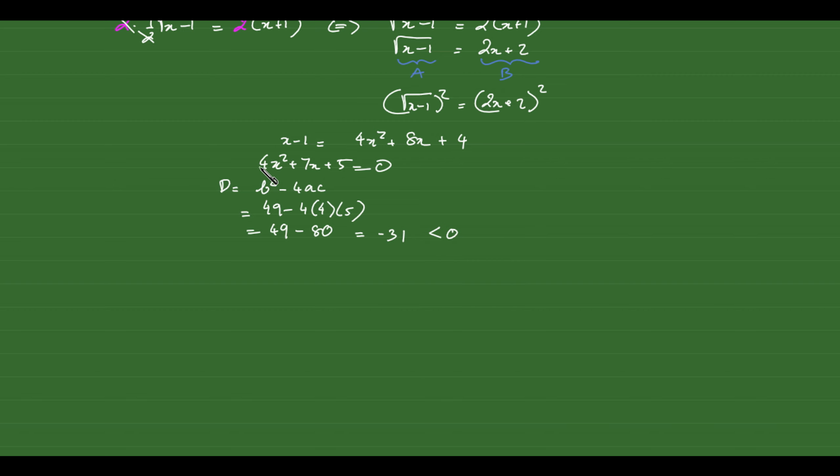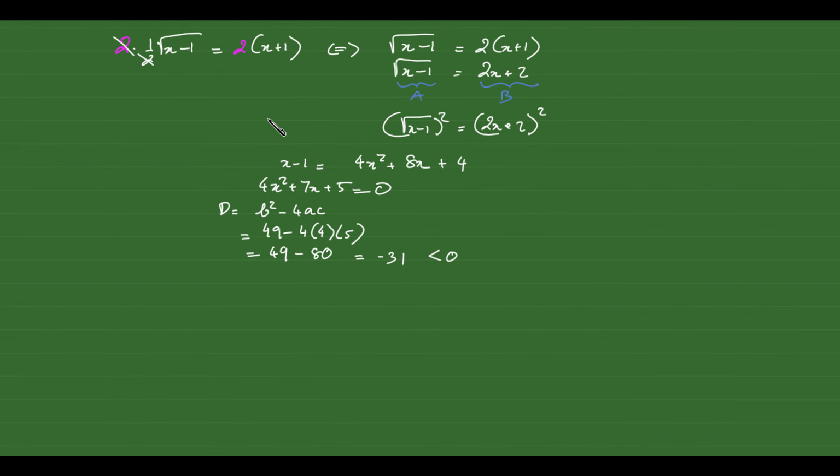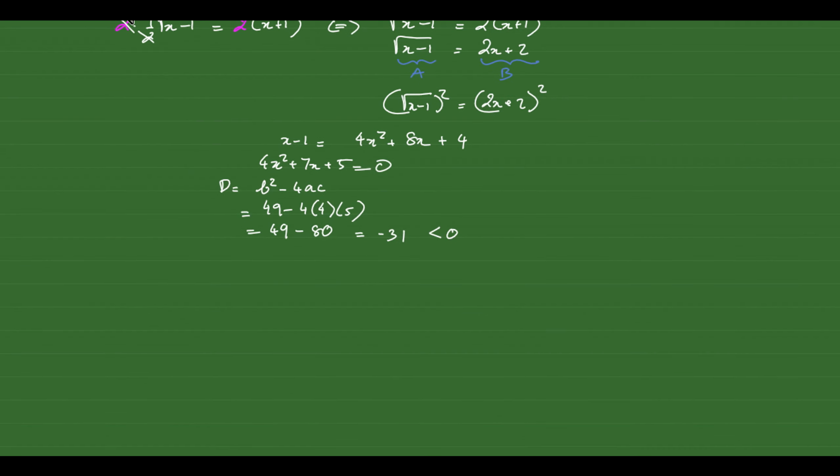It means that this quadratic equation here doesn't have solution. Okay, so this one doesn't have solution. It means the whole, okay, it means everything, the whole radical equation here, it doesn't have any solution. So I'm gonna go ahead, jump into final conclusion. No solution.